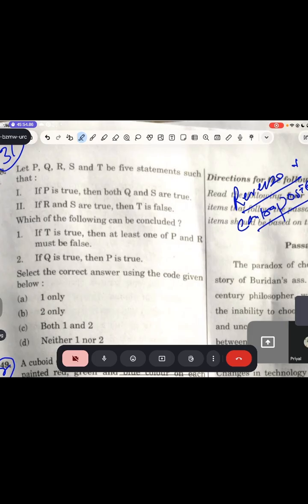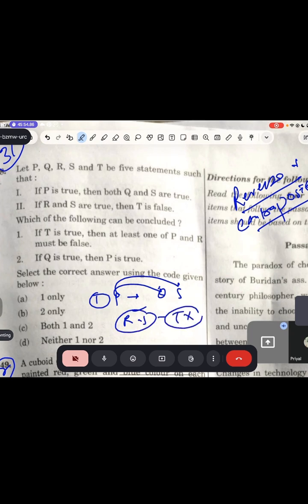If Q is true, then P is true. See guys, the question is saying if P is true, then Q and S are true. It means P will decide the value of Q and S. Second is saying if R and S are true, then T is false. This much they have given.